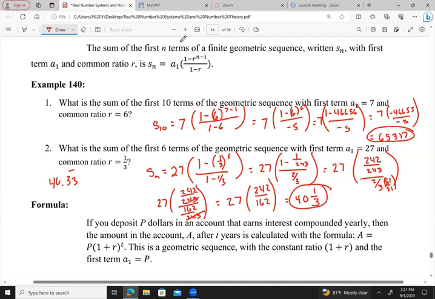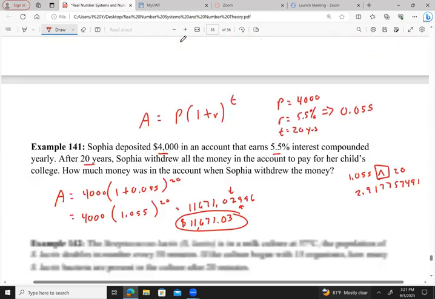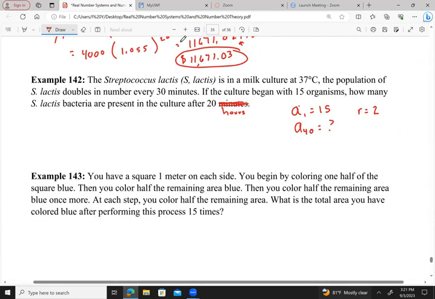S sub n equals A sub 1 times (1 minus r to the n) over 1 minus r. I'm looking for S sub 40 equals 15 times (1 minus 2 to the 40th power) over 1 minus 2.